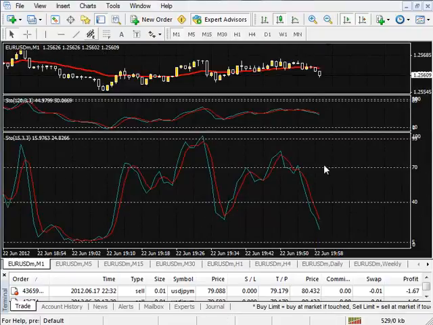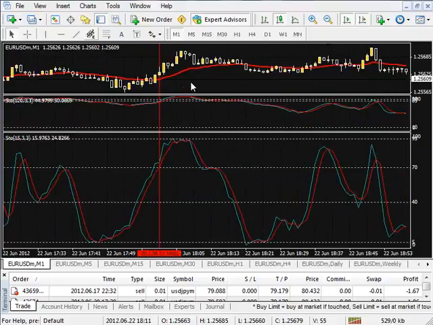So now that we're back here, we can start reading this program. We have our indicator here, which shows us going past this line after it hit the bottom line.